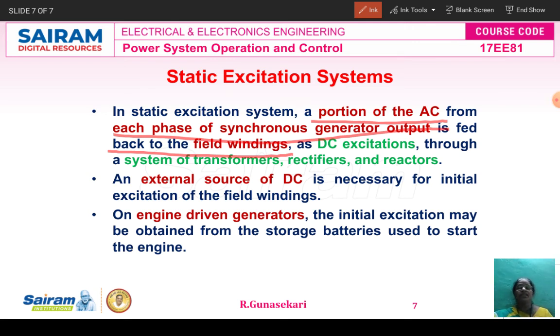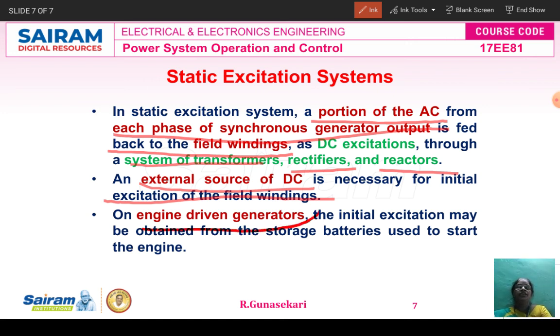But in the DC excitation, a system of transformers, rectifiers, and reactors is used for the static excitation system. An external source of DC is necessary to give initial excitation to the field winding of the synchronous generator.